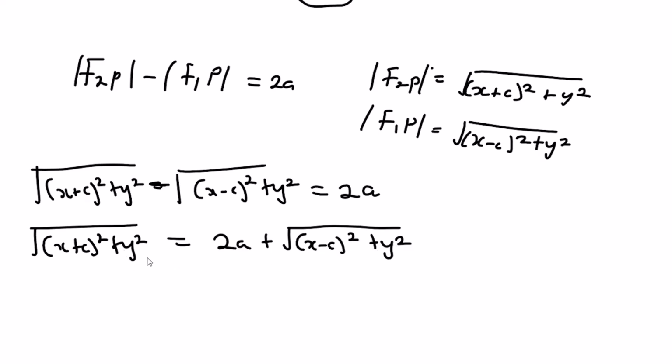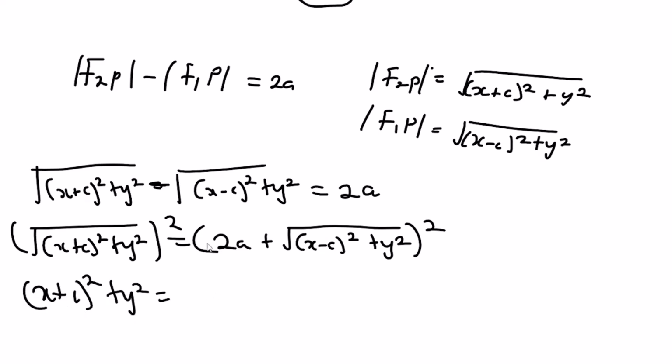Now we want to get rid of the square root, so we square both sides. So we are going to square the whole of this, then we square the whole of this, and this is going to give us what? x plus c all squared plus y squared being equal to this will give us 4a squared plus 4a root of x minus c squared plus y squared.